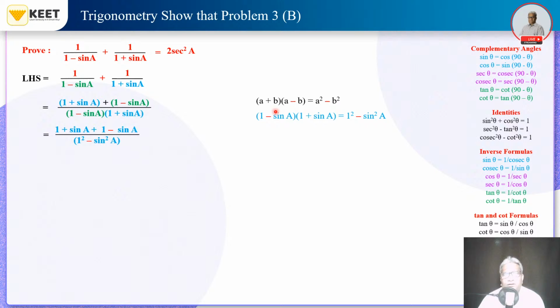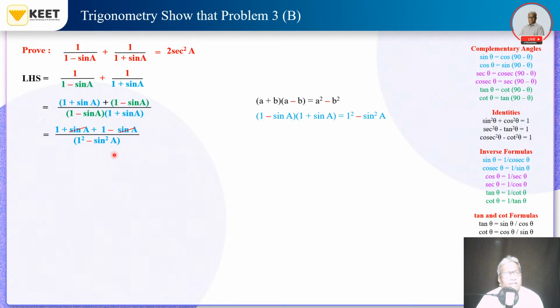So here you have the complete numerator open and the denominator replaced using the expansion formula. Now observe the numerator very carefully. You will note that we have 1 and 1, so that can be added up, whereas plus sin A and minus sin A will get cancelled. And then this 1 square minus sin square A can also be replaced.